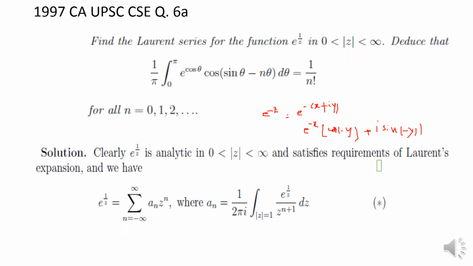So this becomes e to the power minus x cos y and minus i sin y.